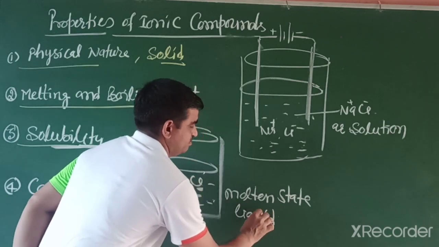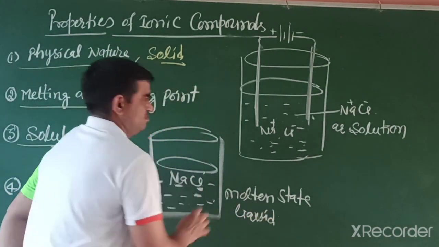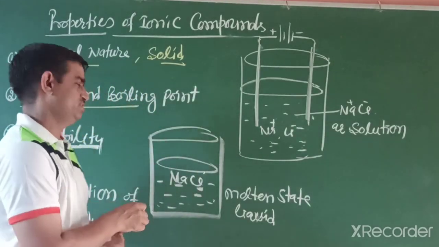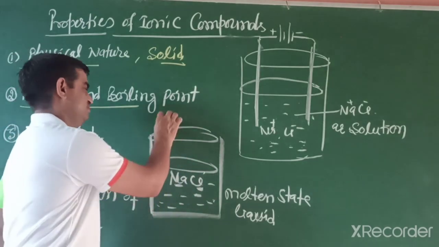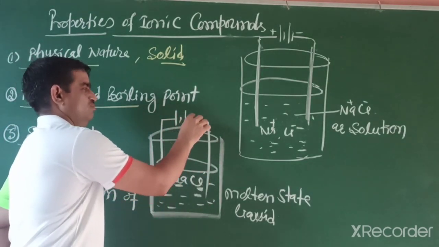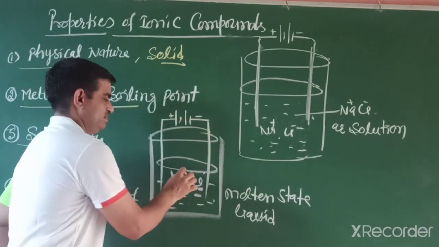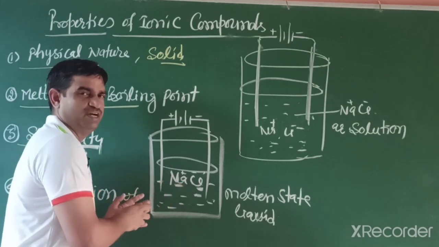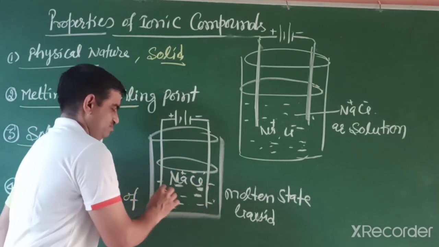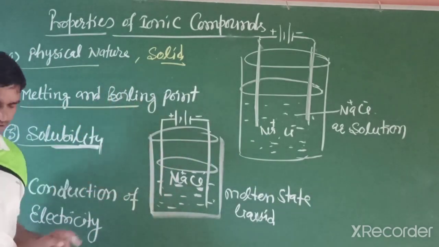At that time it can also pass current, but in solid state it cannot. Only in solution or molten state, when ions are free, can it pass current. Movement of ions towards the oppositely charged electrode is possible when they are in liquid or in solution.